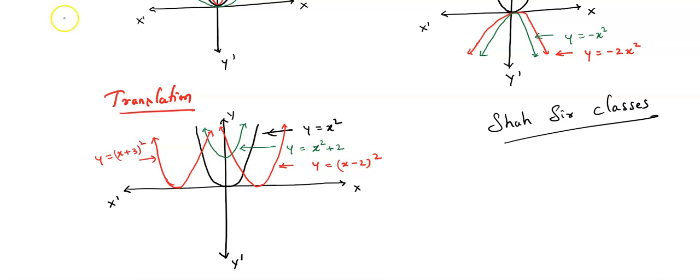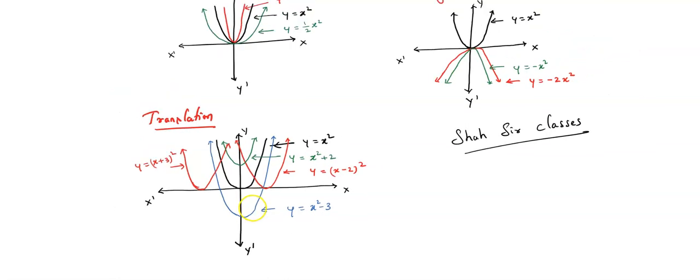And ultimately, let me take one more example of how it looks. So this is nothing but y equals x square minus 3. So we have compared the different graphs with the basic parabola, y equals x square. I hope these concepts are clear for you all.